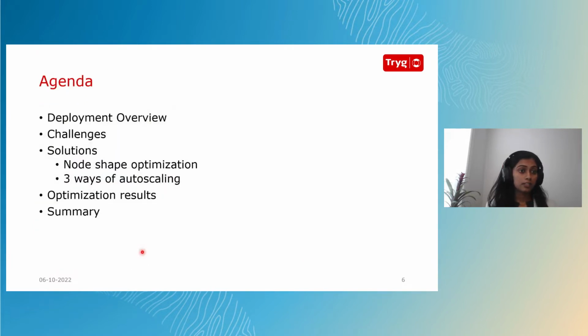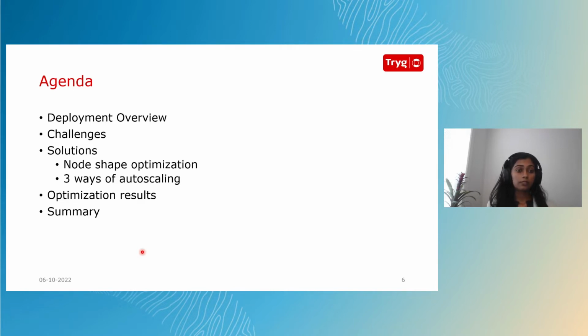So the agenda for this session: we'll discuss the architectural overview of how we deploy things onto the Oracle Kubernetes cluster and the challenges that we face in the journey. We'll also discuss a few solutions to these challenges and various optimization techniques, starting with how you select the node shape. That's also a part of optimization.